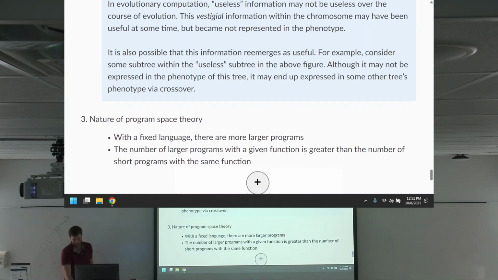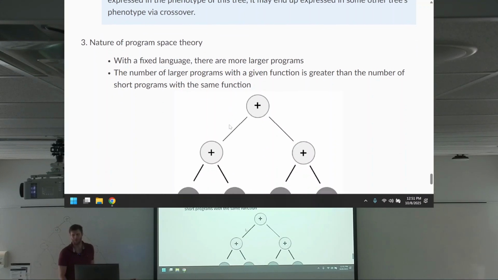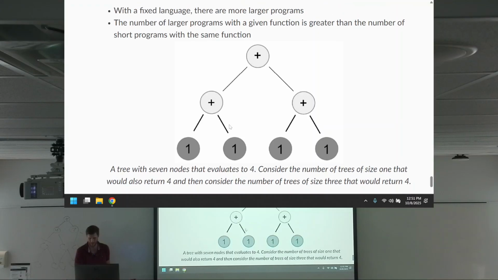All right, and then there's the nature of program space. There just are more bigger programs than smaller programs that mean the same thing, right? There's only one S expression that is minimally small that means 4, right? What is it? 4. It's a node containing 4. How many of height 1 can mean 4?